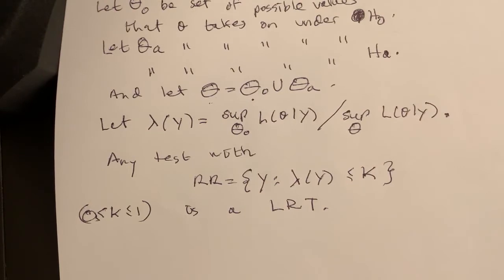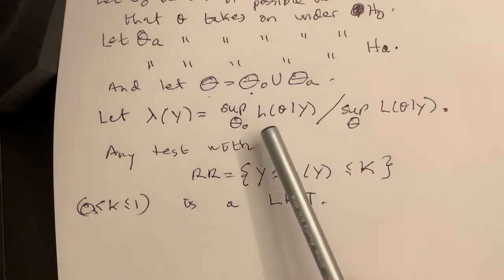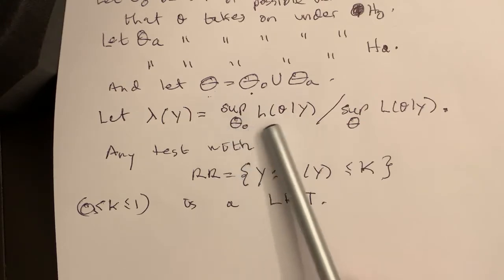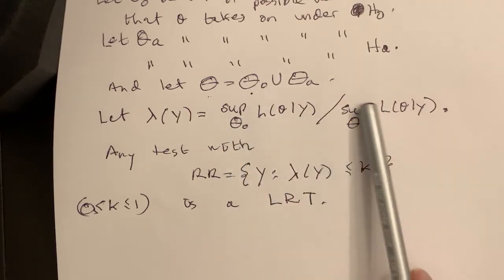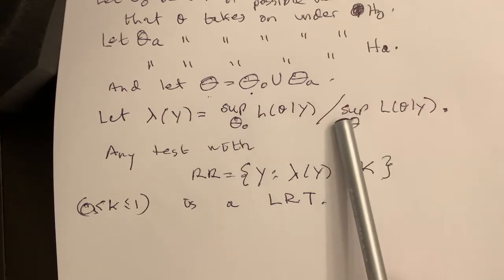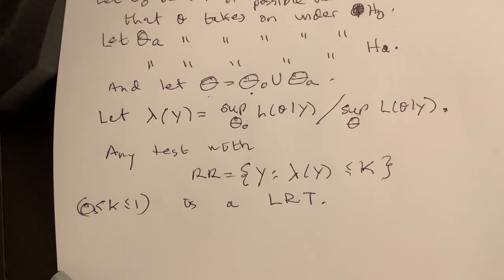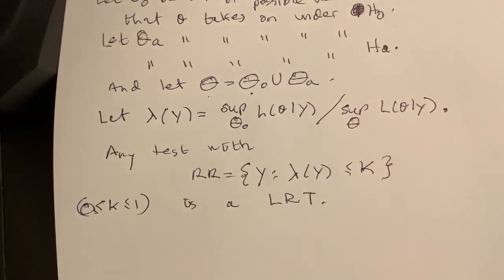Okay, what's the idea here? Does this seem clear to you? The idea is that if the likelihood of this sample, the maximum one over all the thetas in the null hypothesis, is significantly less than the unrestricted one, in other words it's much higher if I don't look at the null hypothesis, then I want to reject the null hypothesis. So if this ratio is sufficiently small, I reject it.